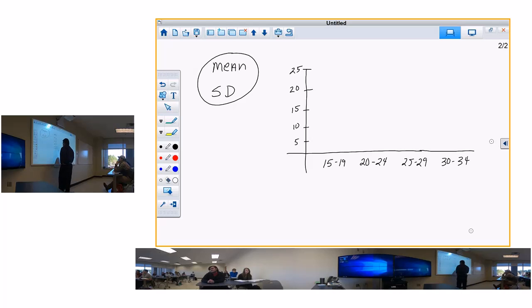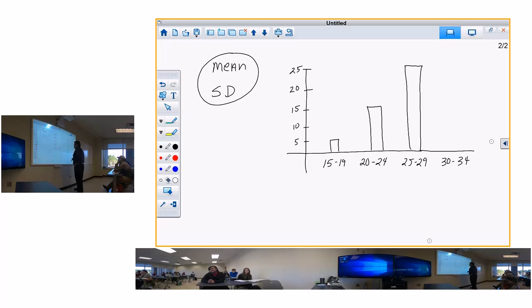And let's say that this is 5, and let's say that this is 15, and let's say that this is 25, and this is 10. Okay, so we're going to say that there's 5 15 to 19-year-olds, there's 20 to 24 years old, blah, blah, blah.